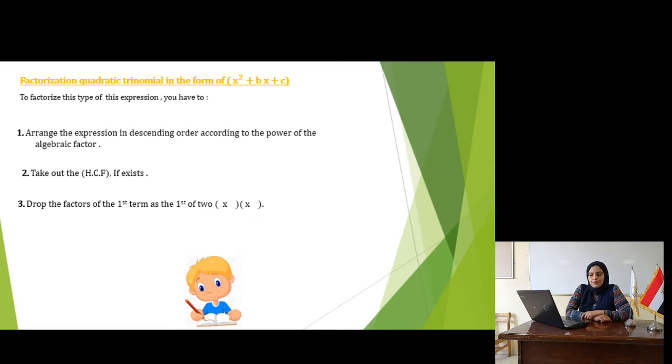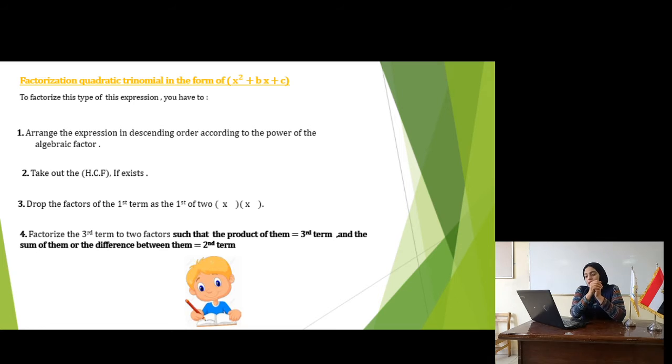Number 3, drop the factor of the first term. Like if we have the first term x power 2, it will be x by x. The fourth step, factorize the third term into two factors such that the product of them equals the third term and the sum of them, or the difference between them, equals the second term.